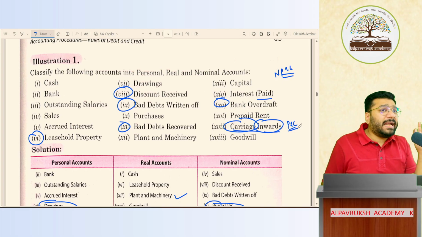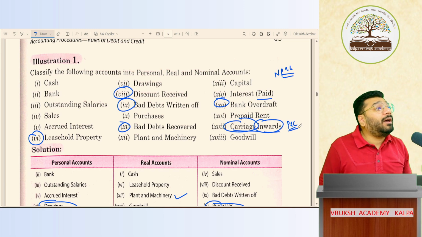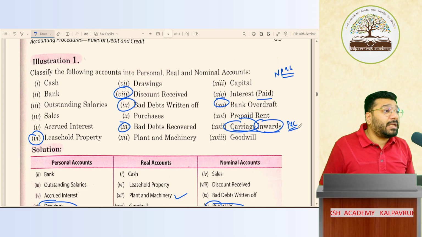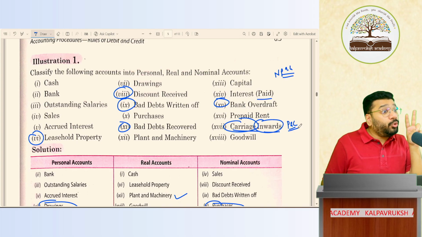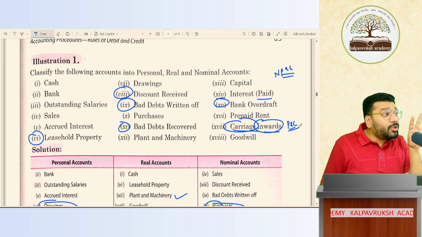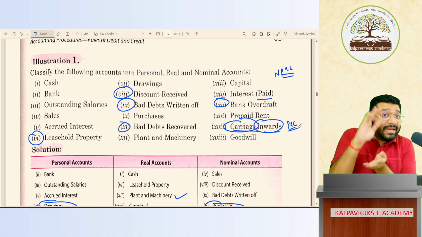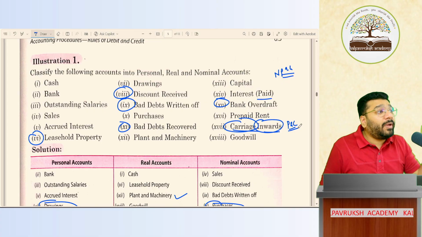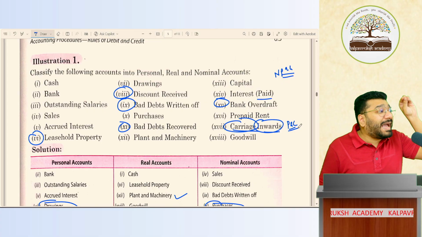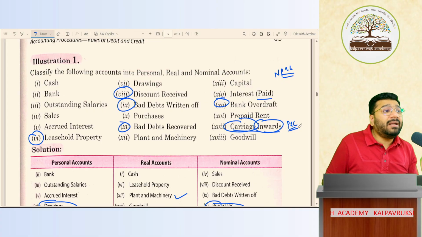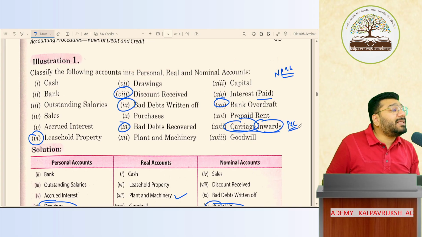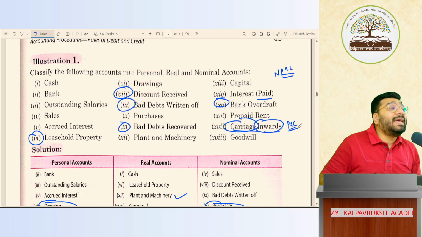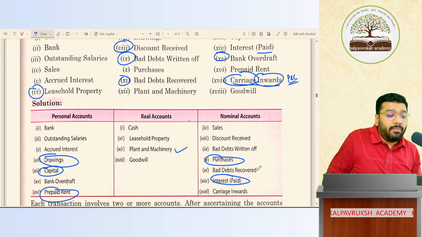As of now, understand that carriage inward and carriage outward both are expenditure. But both have two different meanings, and in accounting they have two different treatments. The treatment I will tell you only in the final accounts. As of now, whether you come across carriage inward or outward, it is nothing but transportation charges, that is, expenses. Expenses means nominal account. Got it?